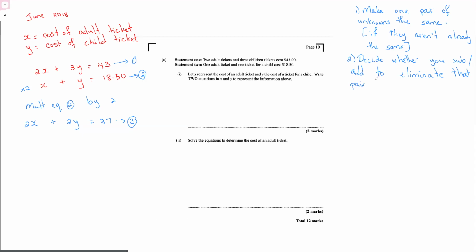Right, so the pair that you made the same, you either add them or subtract them depending on the signs. Right, so you decide, okay, would I get 0 if I add them? Or if I subtract them, I'll get 0. So decide whether you add or subtract to eliminate that pair of unknowns.